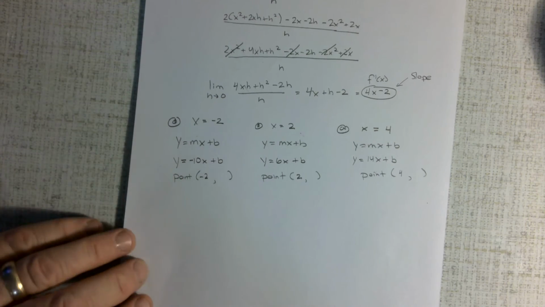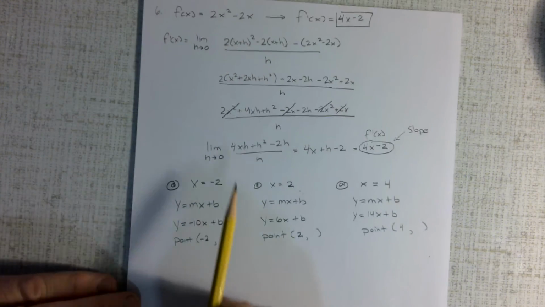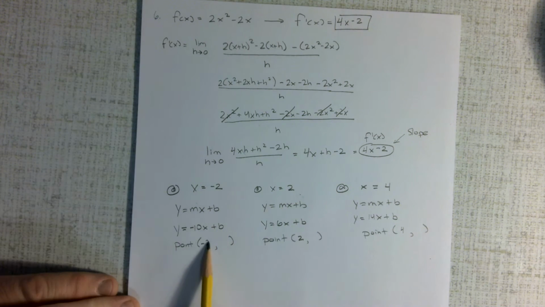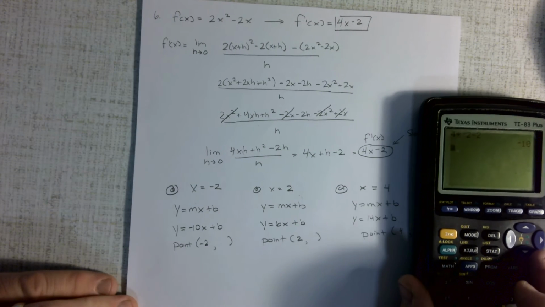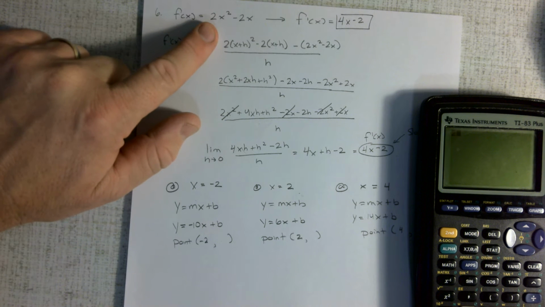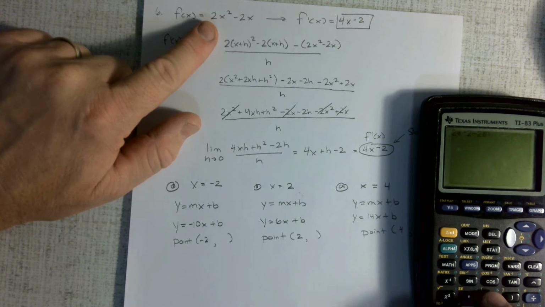But what do I input them in? Well, I have to go all the way back up here to this original equation, because this original equation is going to give me the output. So easily on a calculator, you could just type in 2 times negative 2 squared minus 2 times negative 2.